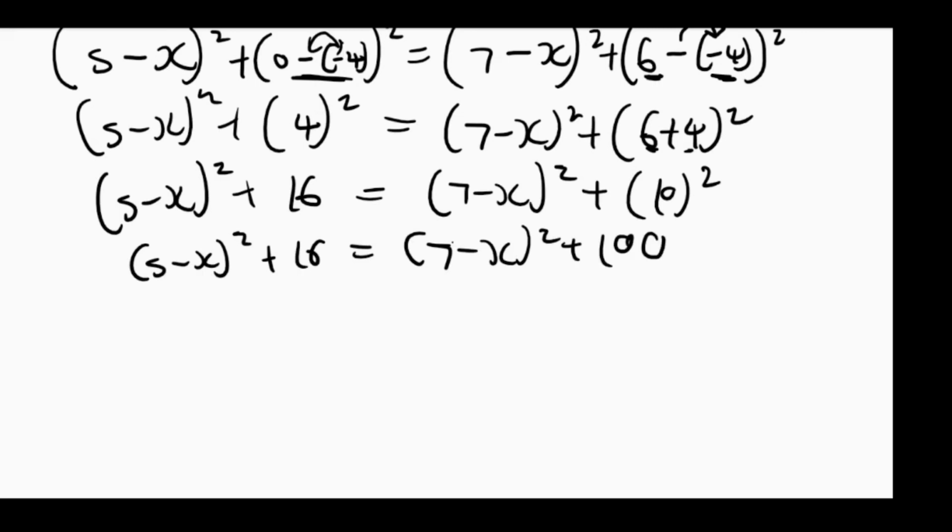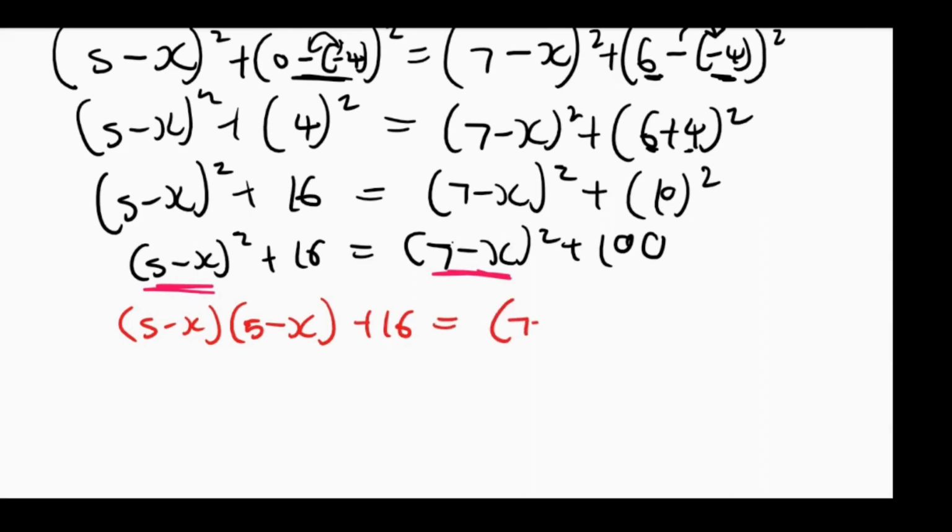10 squared is 100. Then we're going to find the product of this and the product of that by expanding. So we'll have 5 minus x plus 16 equals to 7 minus x and 7 minus x plus 100, right? So 5 multiplied by 5 will give us 25, right?